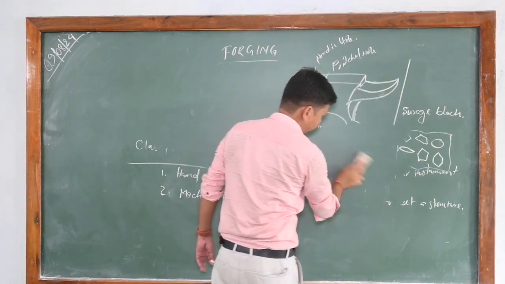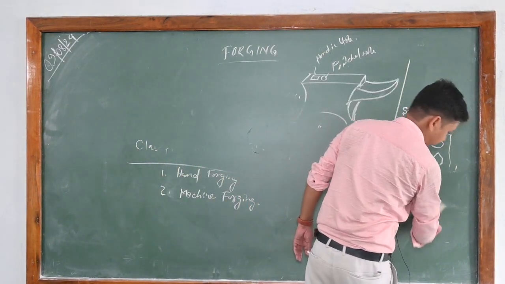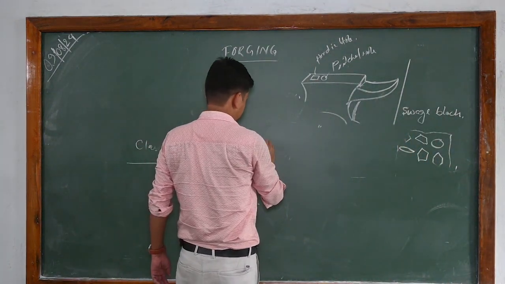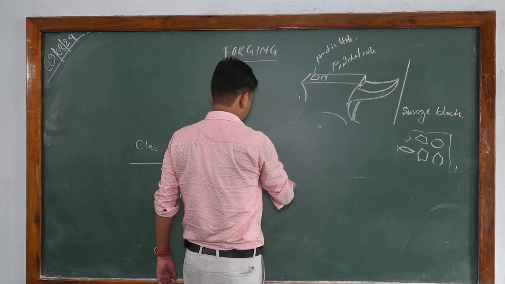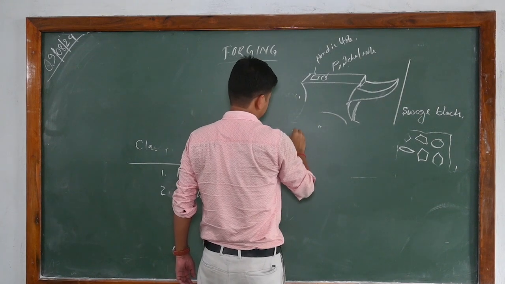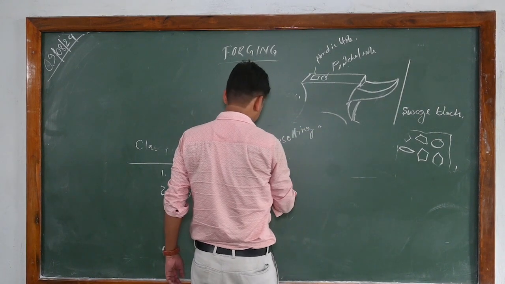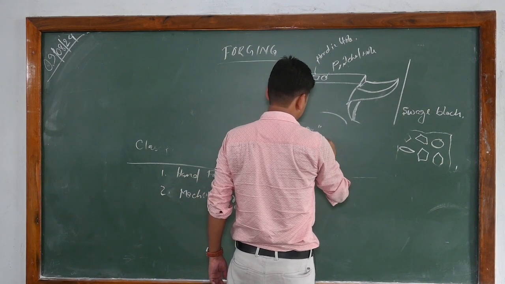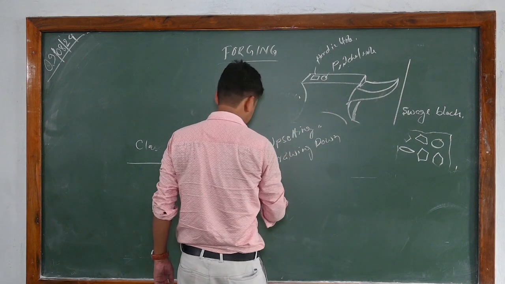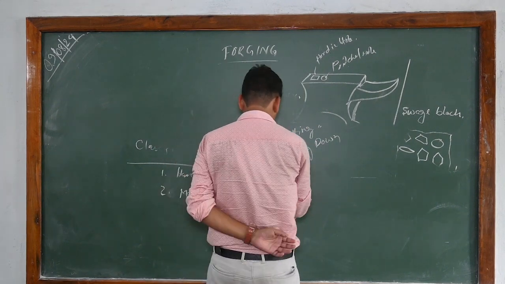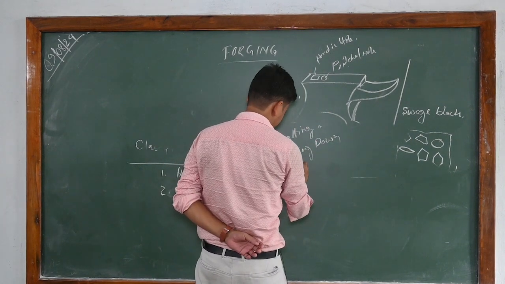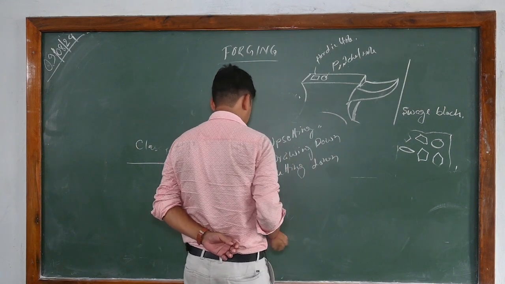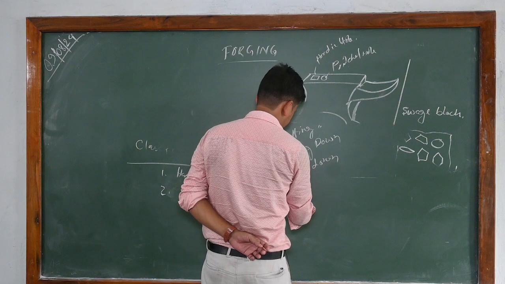In hand forging, we are going to see the operations: upsetting, drawing down, setting down and cutting out.